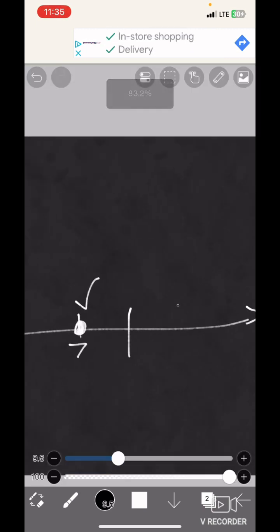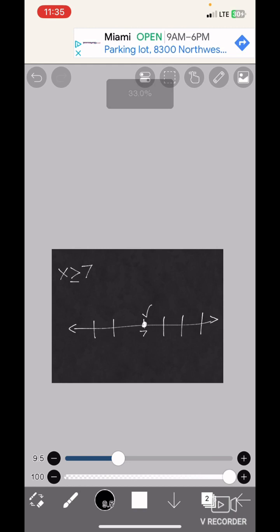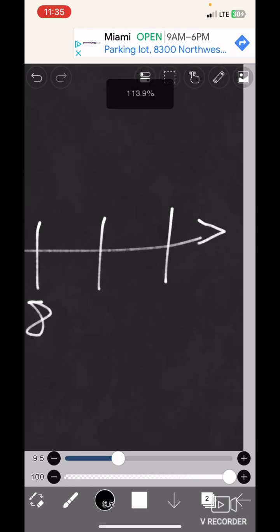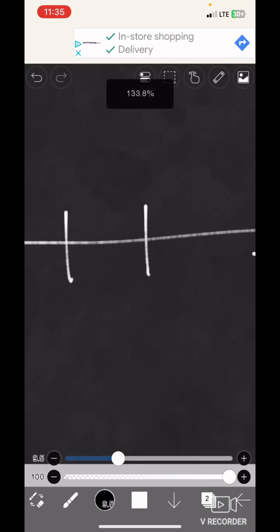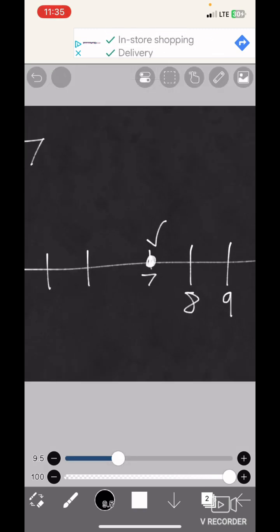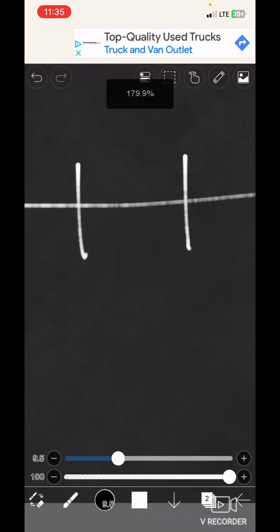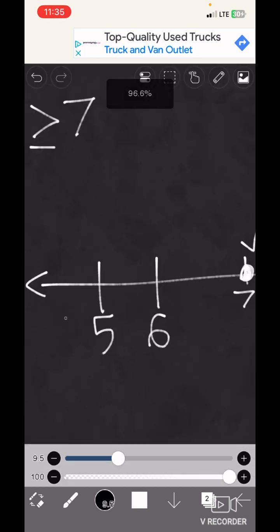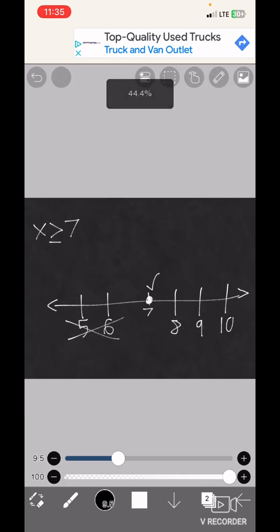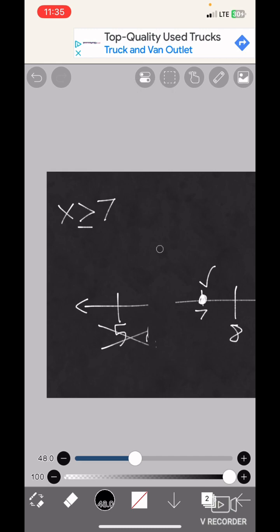But since this equation is asking for a number greater than 7, that means we can go along the number line throughout the left side. Meanwhile, the right side, that contains numbers lower than 7, are not solutions. So we can cross those out and remove them.